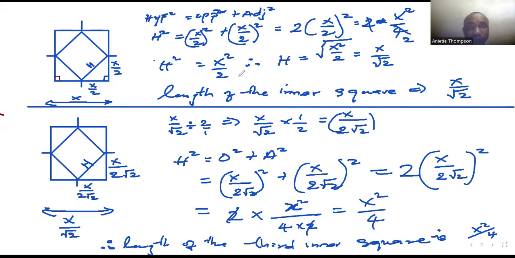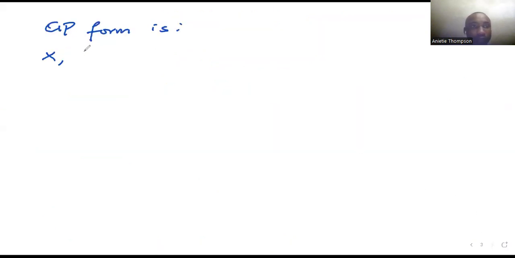The GP form is, we have the face length given from the problem was x, and then the second length that we obtain is x all over square root of 2.